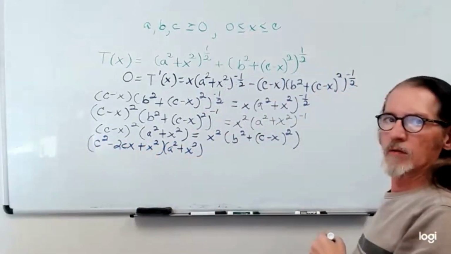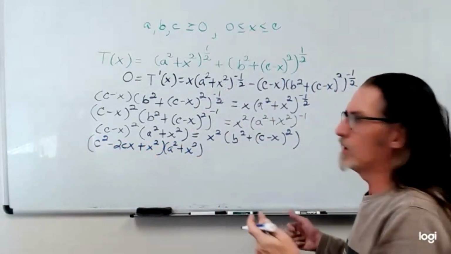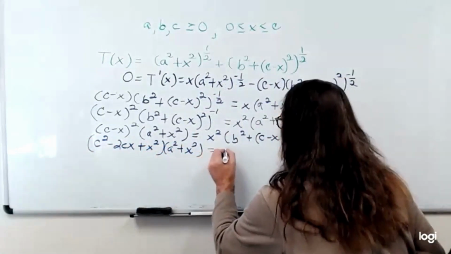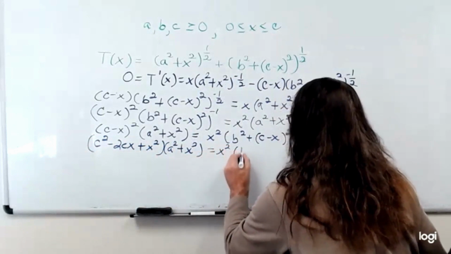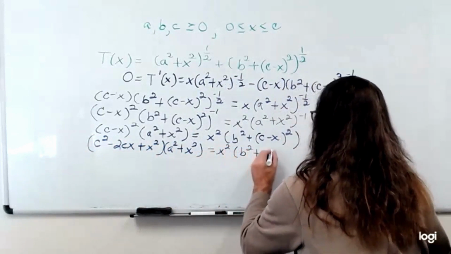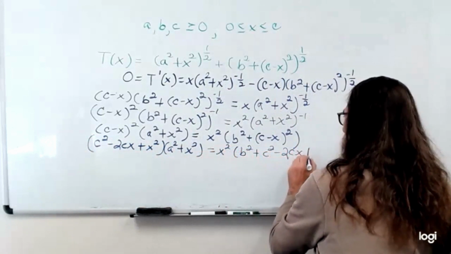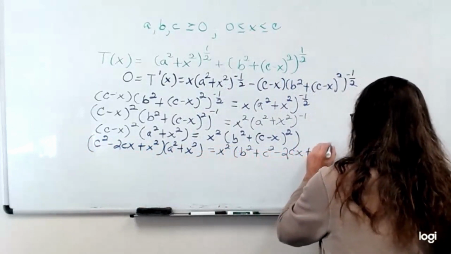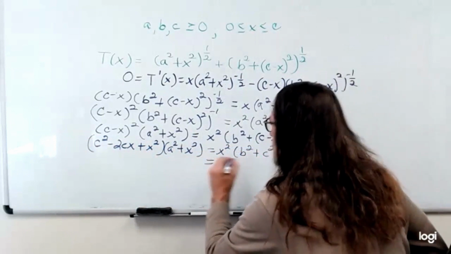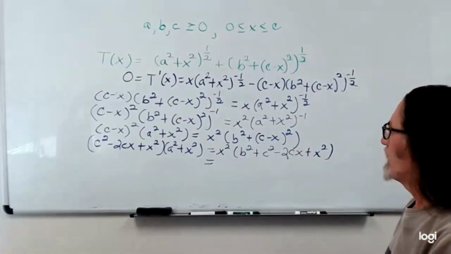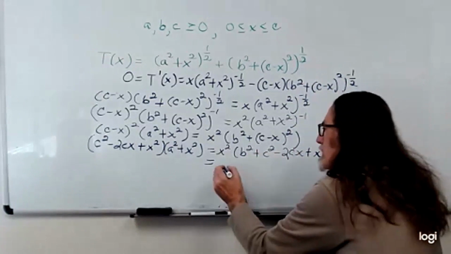First, taking care of the quantity c minus x, all of that squared, showing up in two spots. And on the right side, distributing the x squared.